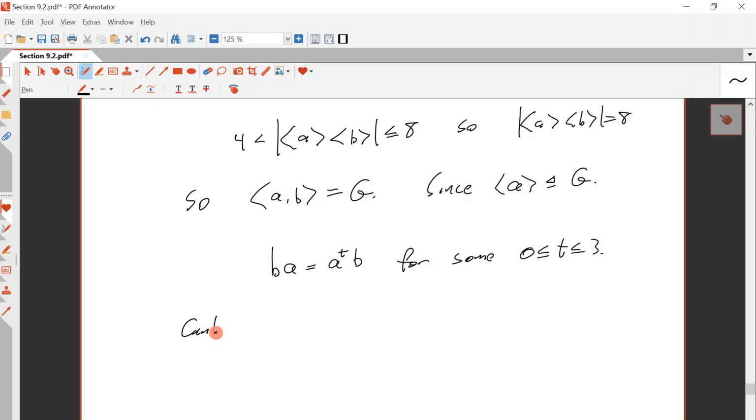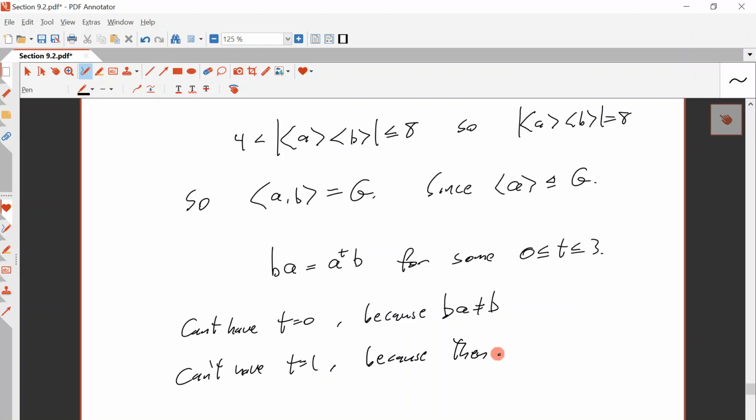Right, can't have T equal to 0, because then BA is equal to B, and that is not possible. Can't have T equal to 1, because G is not abelian. G, which is equal to the group generated by A and B, is not abelian.